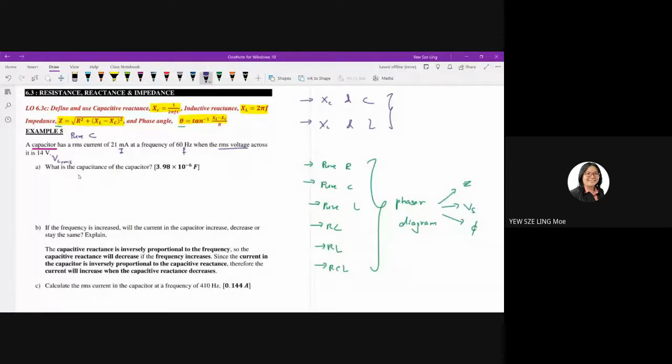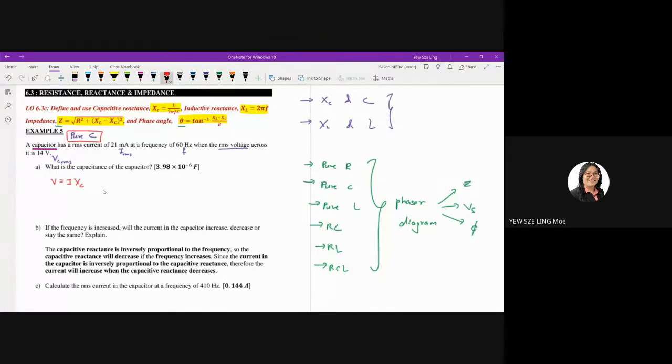So what is the capacitance of the capacitor? If you look at this question, the information that you have is IRMS and VRMS, and what you do know is that this is a pure C circuit. What does pure C mean? It means when you apply the V-I-R equation in this circuit, it becomes V equals IXC.